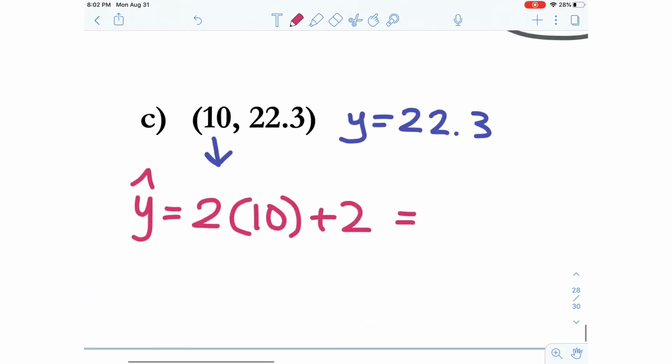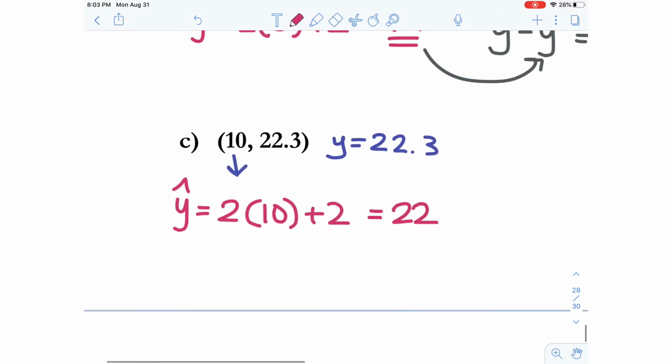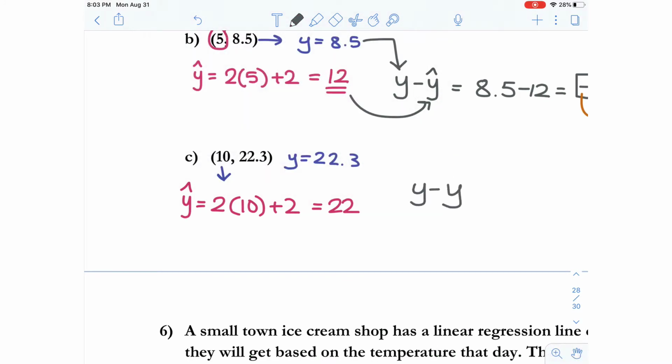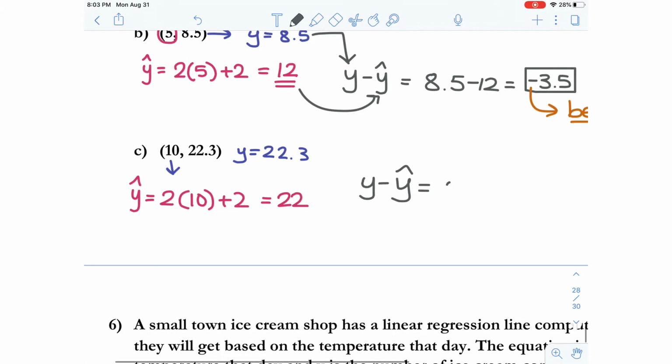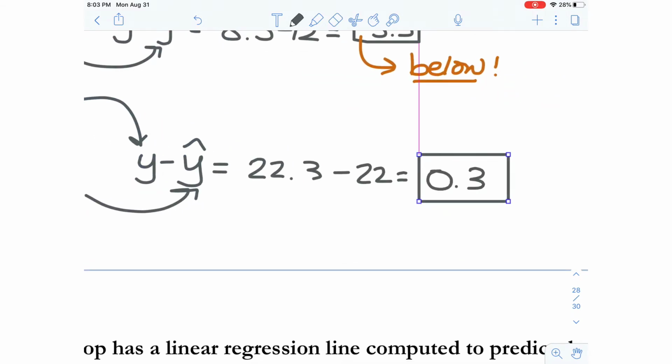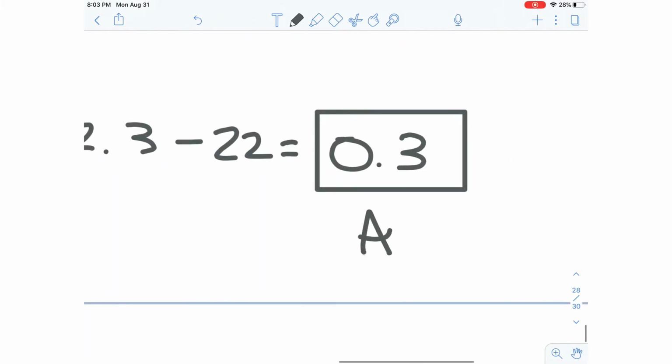So that's going to be 22. Now finally we do our formula, y minus y hat. So we have 22.3, which is the y, minus 22, so 0.3. Since that's positive, this is above average, or above the line.